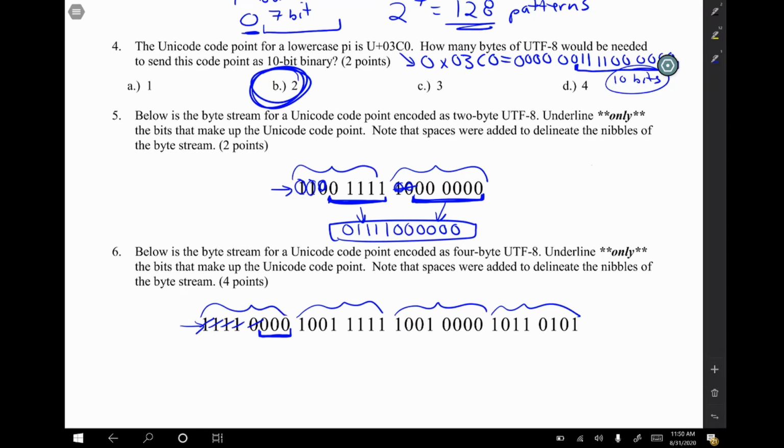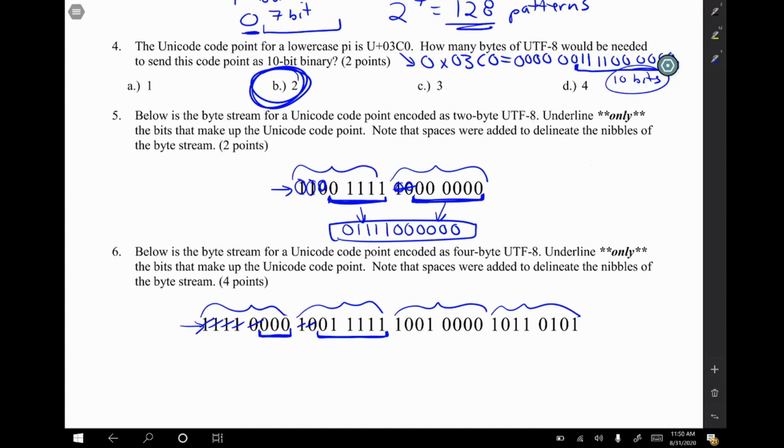Now the next byte is gonna have to start with 10, so we know that those bits are control bits. We ignore them. These next 6 bits, we make sure that they're a 10, but we throw them away because they're part of the control sequence. They're not part of the payload. And we see that 0, 1, 1, 1, 1, those are the next 6 bits of the sequence.